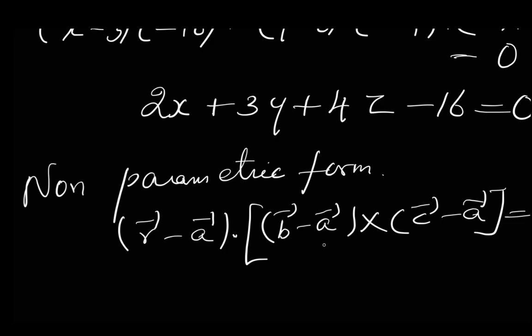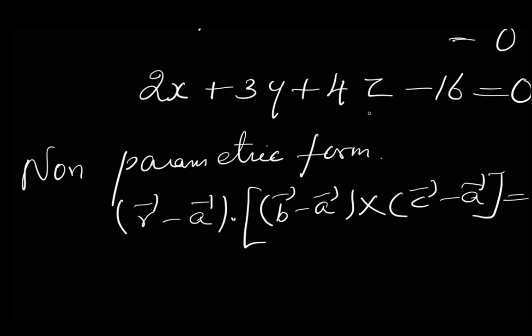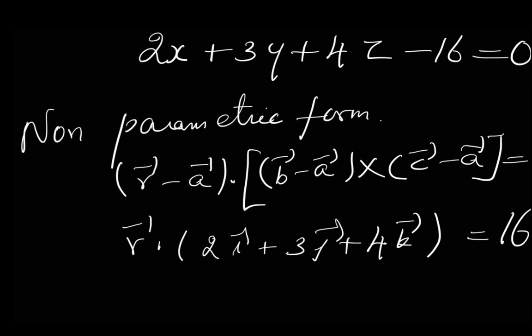We do the calculation of b minus a and c minus a, find the cross of both vectors and then take the dot. Directly you can write it from the Cartesian form, as I said. Here vector r dot, write only the coefficients, 2i plus 3j plus 4k. Take this 16 to the other side, so it will be plus 16. This is just the short form of representing the non-parametric form. So with that, this answer is over. Thank you.